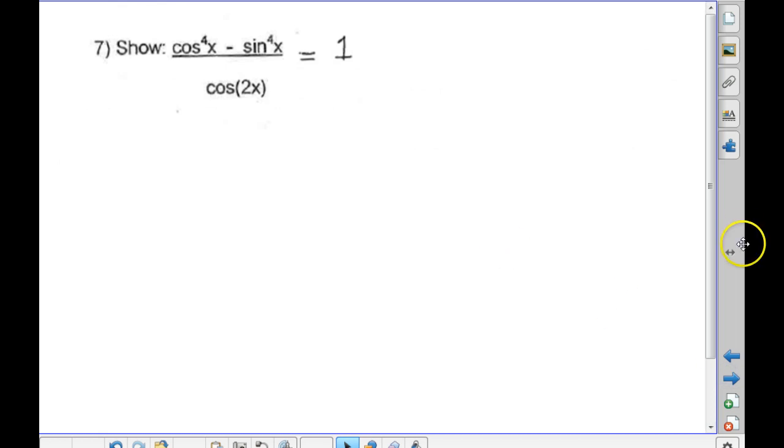Okay, number 7. I think we've done this question before as well. Or, you know, well, actually we may have done this whole question before, but if we factor the top, how will that factor? Okay. And the other parenthesis will be?